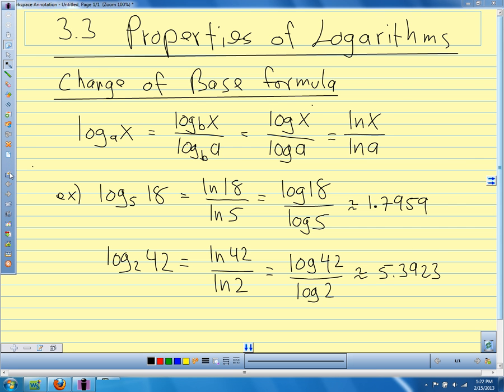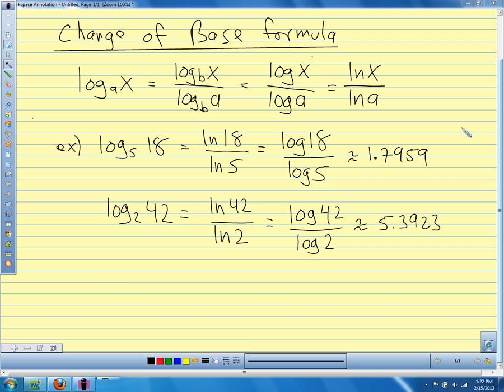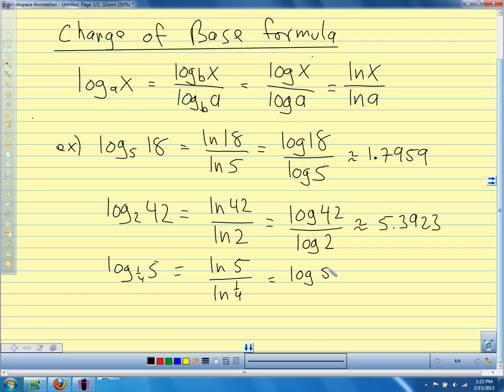All right, let's look at one more change of base, and then we'll talk about some properties of logarithms. Log base 1/4 of 5. This is the natural log of 5 divided by the natural log of 1/4, or the log base 10 of 5 over the log base 10 of 1/4.